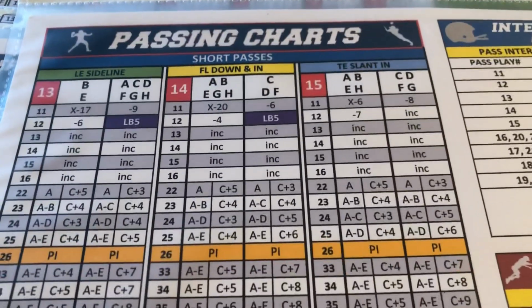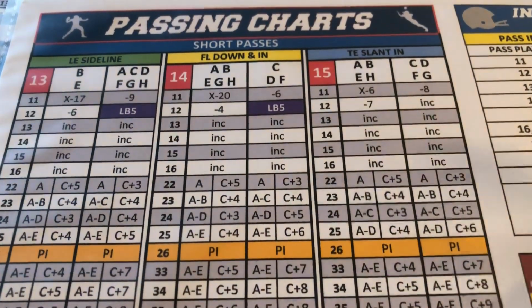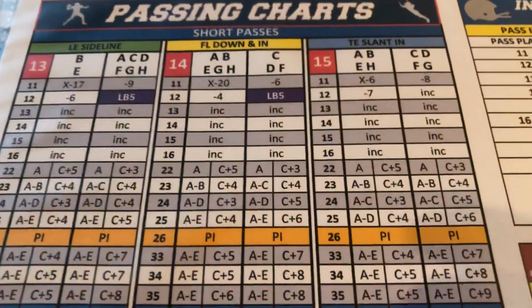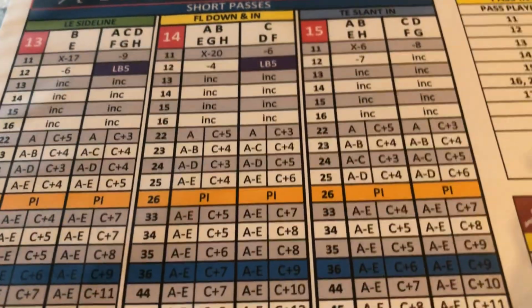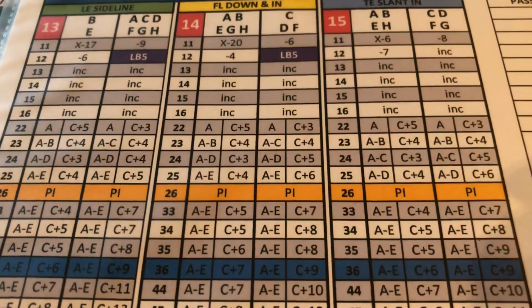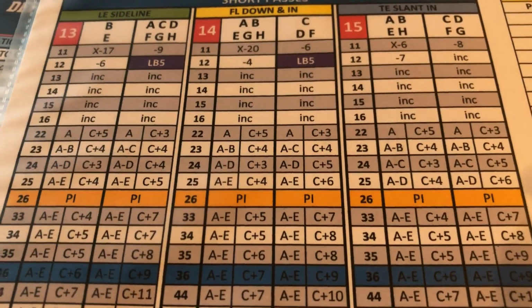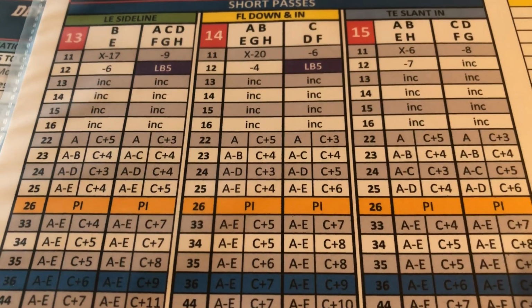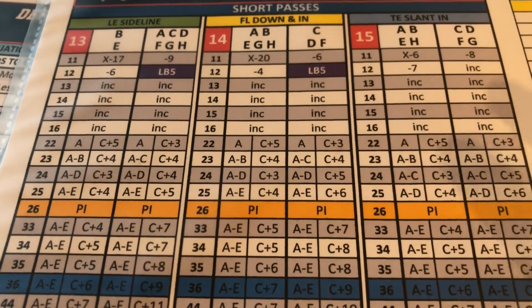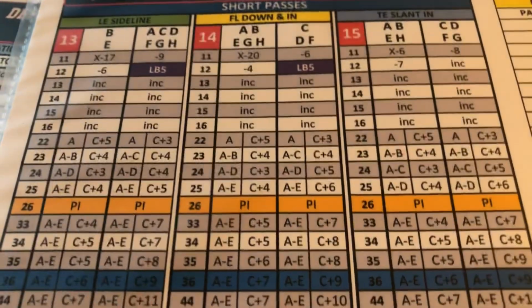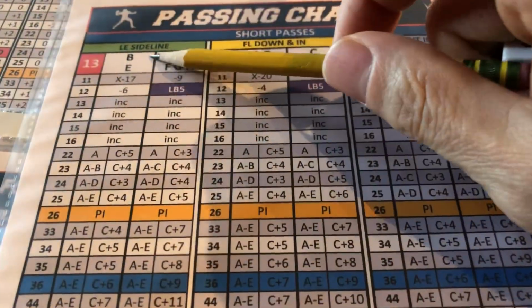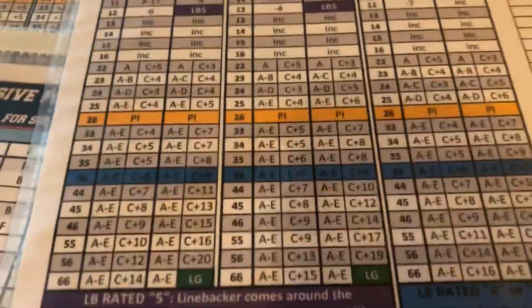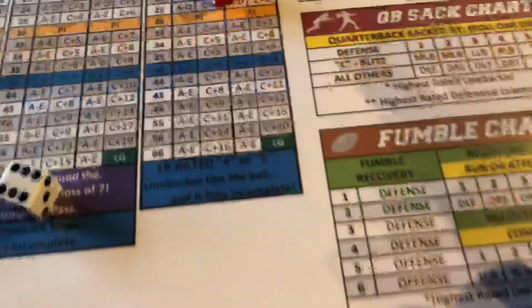That's a short pass to the sideline, left end on the sideline. Now, this is one of those plays where, because it's on the sideline, I can decide right now if I want to call it an out-of-bounds play. So it's Bob Hayes on the sideline versus the B defense, and we're going to roll. Bob Hayes, look at that.